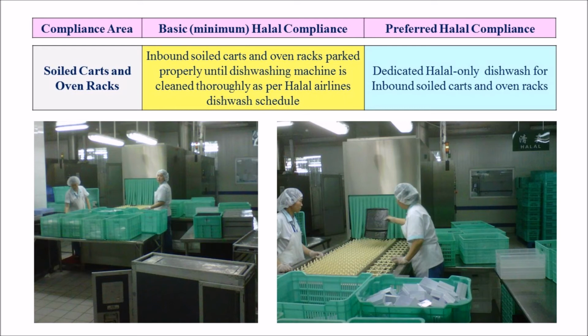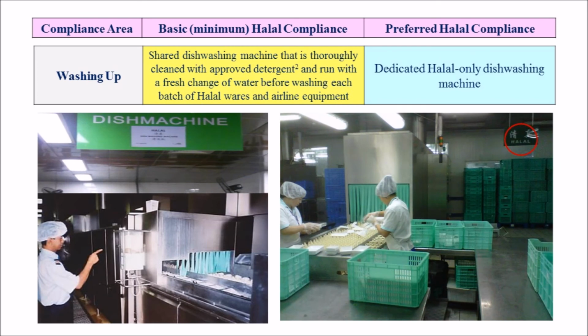The inbound cuts, the meal cuts, and oven rack are stored until dishwashing machine is cleaned thoroughly as per halal airline dishwash schedule. Okay, in a day you wash the machine, you clean, the change water, and so on. Once you start the new shift, you will do this process of cleaning, washing the machine, and change the water into fresh clean water.